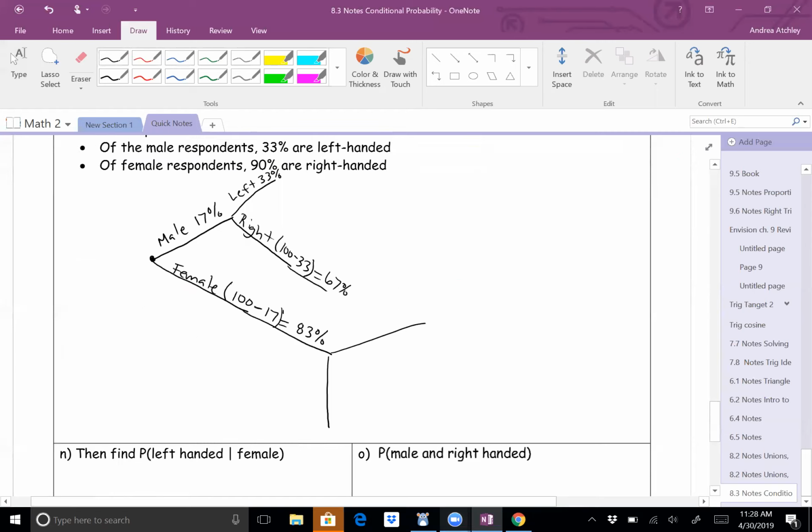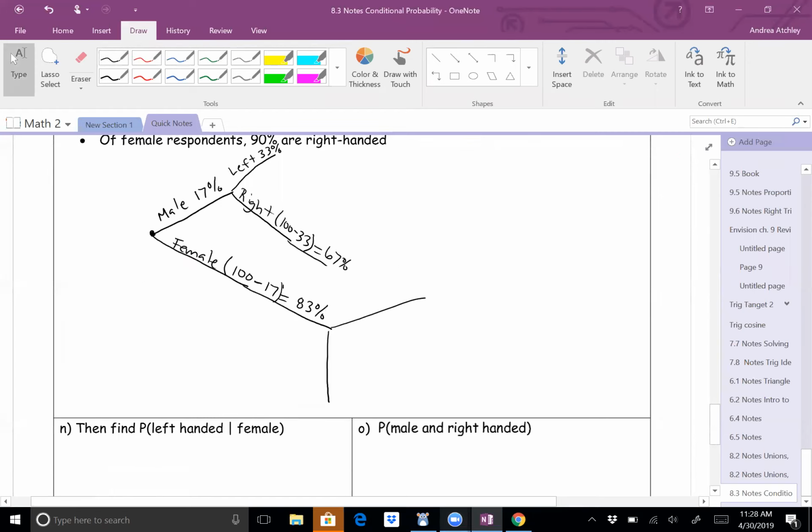Of female respondents, 90% were right-handed. So 90% was right-handed. And then the left-handed people is 100 minus the 90, which is 10%.